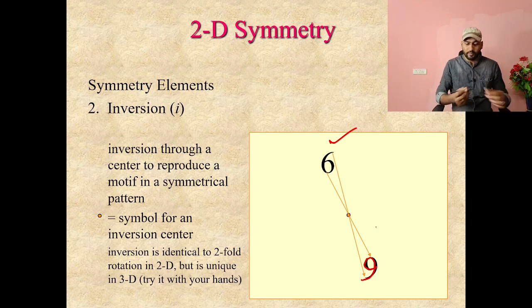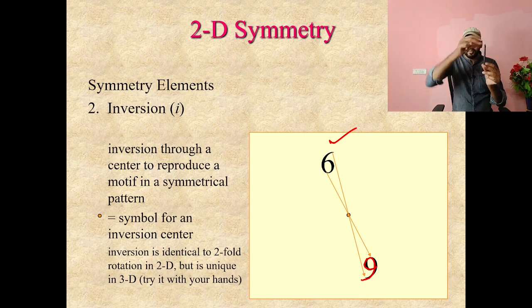For example, if this is the pen and this is the center, the top portion is here and this is the bottom portion. If the center is symmetric, or if we invert this pen with respect to this center, then it has to be like this. The top portion becomes the bottom portion, and the bottom portion becomes the top portion.